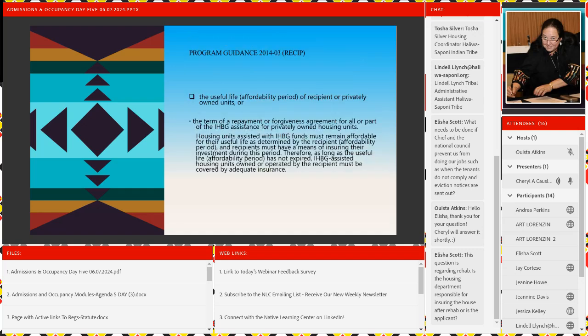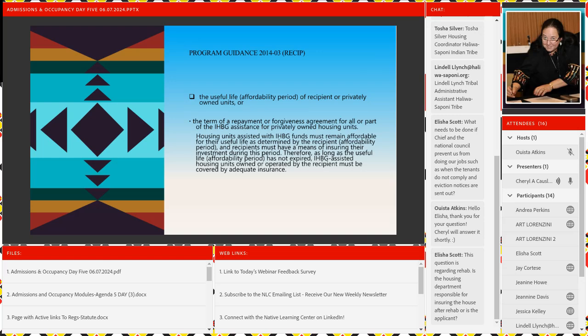The useful life affordability period of the recipient or that privately owned unit, or the term of repayment or forgiveness agreement for all or part of your block grant assistance for privately owned housing units. Housing units assisted with block grant funds must remain affordable for their useful life as determined by the recipient.